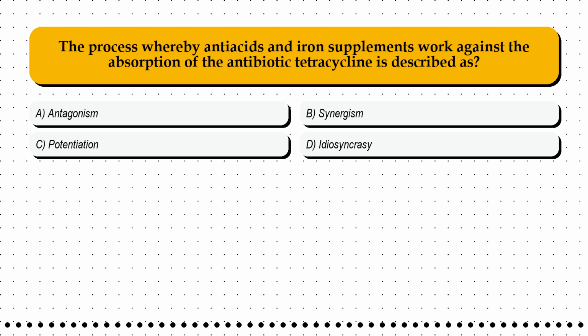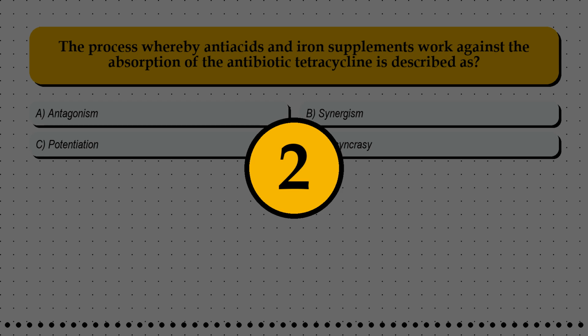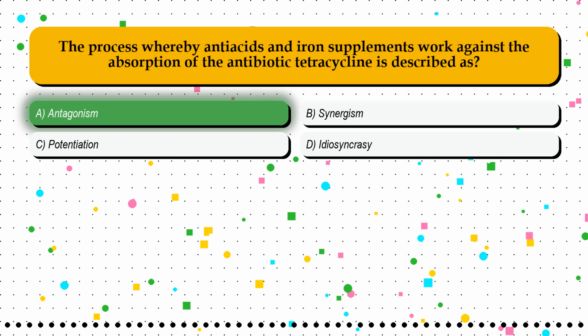The process whereby antacids and iron supplements work against the absorption of the antibiotic tetracycline is described as option A, antagonism, option B, synergism, option C, potentiation, option D, idiosyncrasy. The correct answer is option A, antagonism.